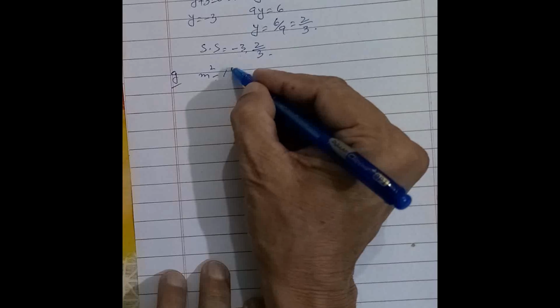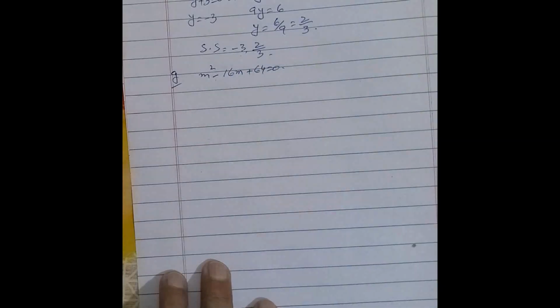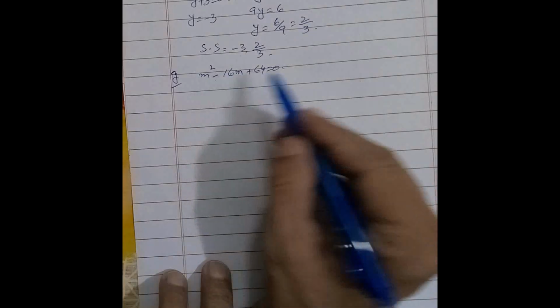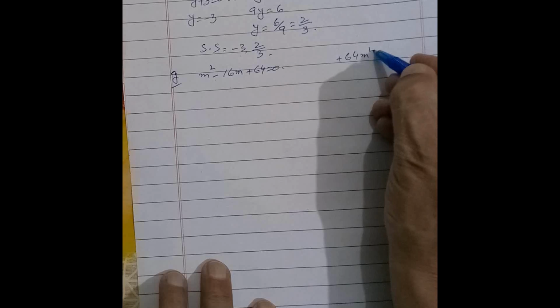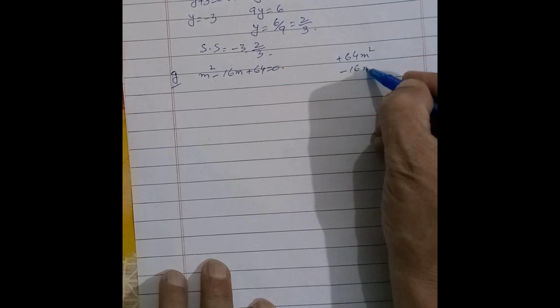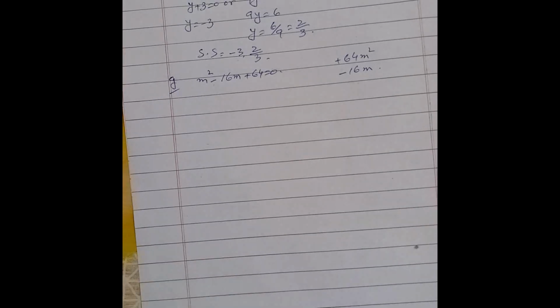M square minus 16m plus 64 is equal to 0. Multiply m square with 64 plus 64 m square and the middle value is 16m. We break up the two values and apply the formula a plus b whole square or a minus b whole square.